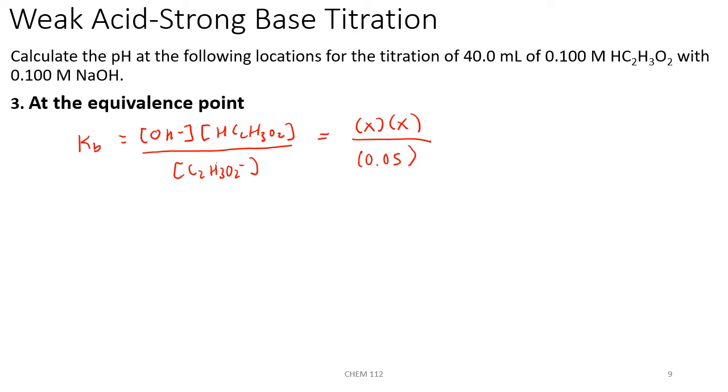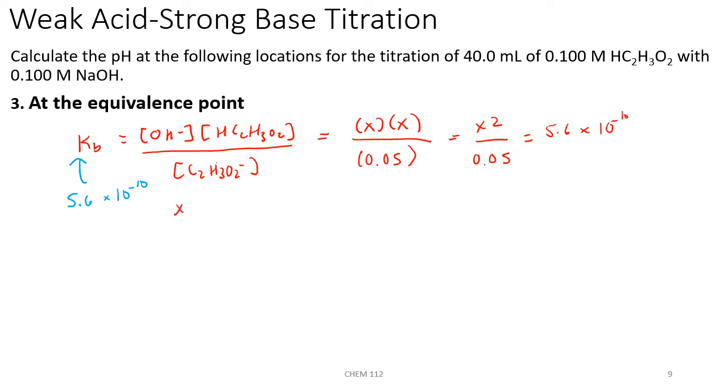Now, we can ignore the minus X in the denominator because the Kb value for the acetate anion off your chart is 5.6 times 10 to the -10th. So it's a very small value for the Kb, allowing us to once again ignore that minus X in the denominator. So we end up having X squared over 0.05 is equal to 5.6 times 10 to the -10th.